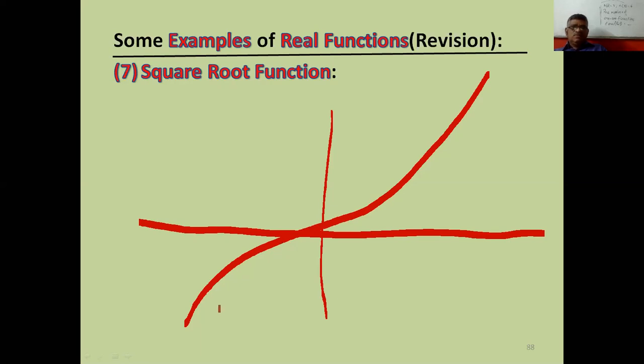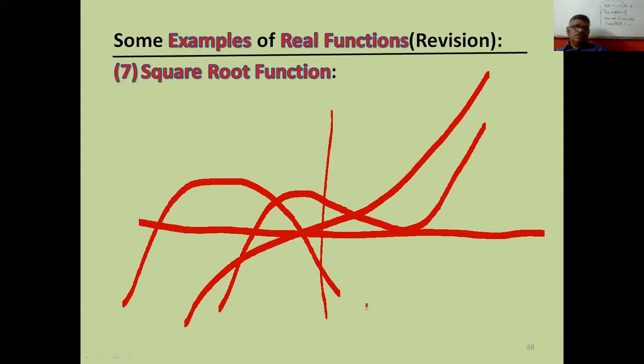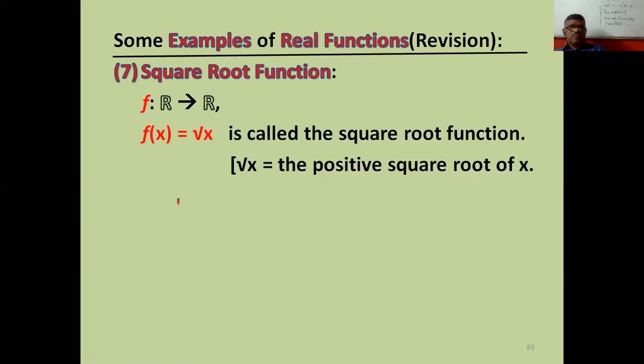Whereas if the graph is going like this, it has 2 zeros. Whereas if it is like this, it has 3 zeros, 1, 2, 3. A cubic polynomial can have a maximum of 3 zeros, but the range is the set of real numbers. In the same way, if the degree is odd, the range is always the set of real numbers.